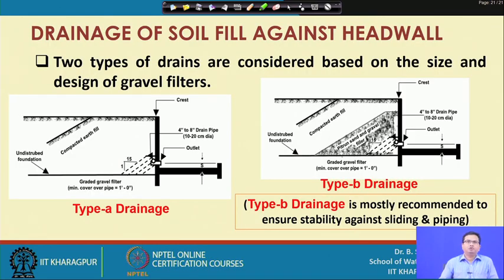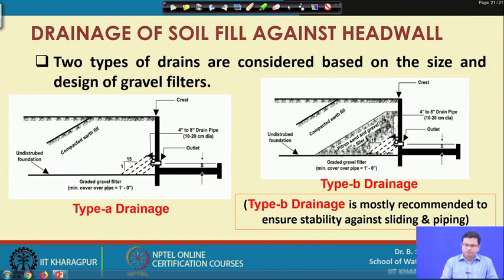So, for that we have to provide different drainages. You can see from this figure there are different drainages provided, and basically these are of two types, type A and type B, and type B is mostly recommended to ensure stability against sliding and piping failure.